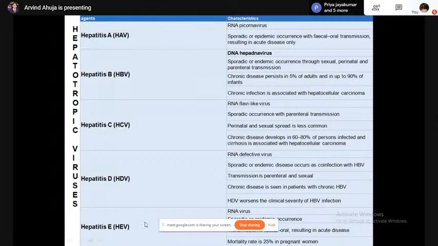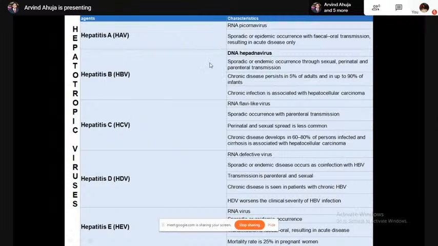Hepatitis A and hepatitis E are the most common causes of acute hepatitis, whereas hepatitis B and C are the most common causes of chronic hepatitis.